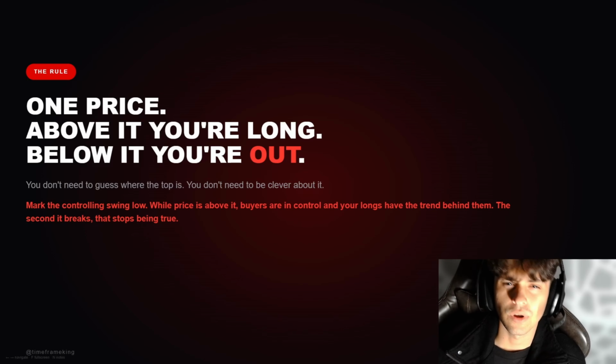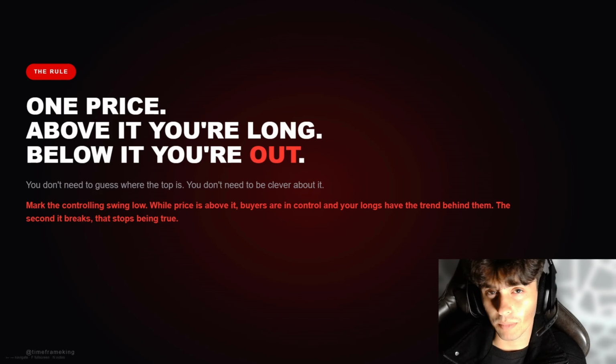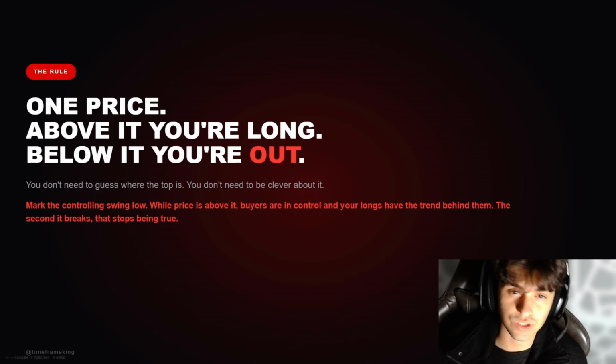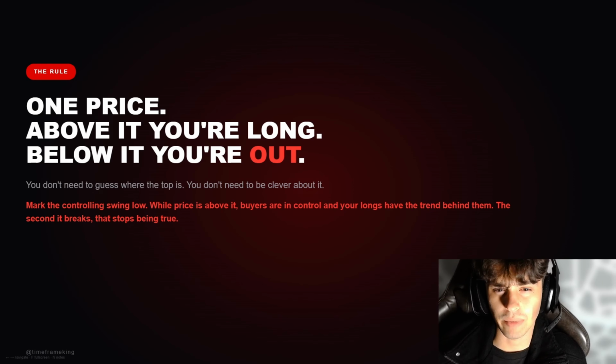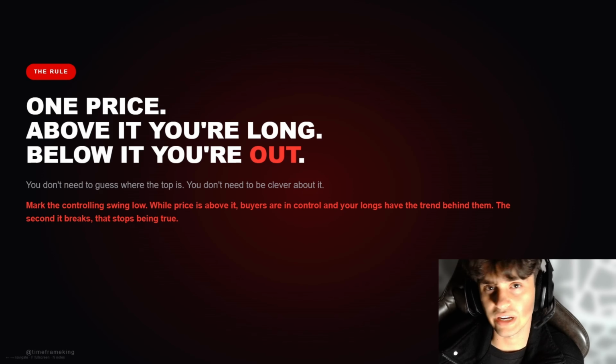So here's the rule: while price is above it, you're long, you're fine. The uptrend is still holding. Once we go under that price, you are out. You don't need to guess where the top is. You don't need to be smart about it. You just need to mark out the controlling swing low. While price is above it, buyers are still in control, so you follow the trend. The second we break it, that stops being true, and you stop going in that direction.